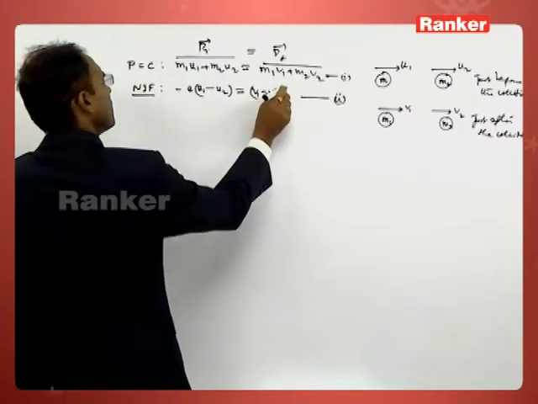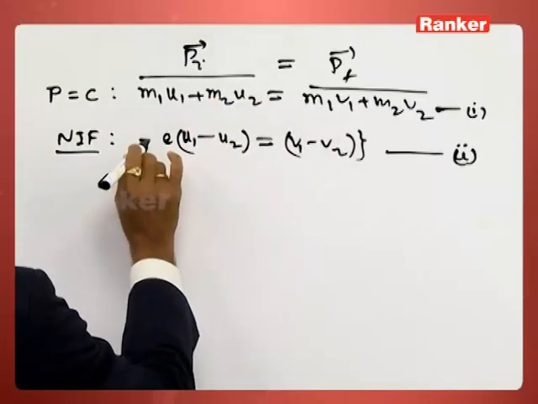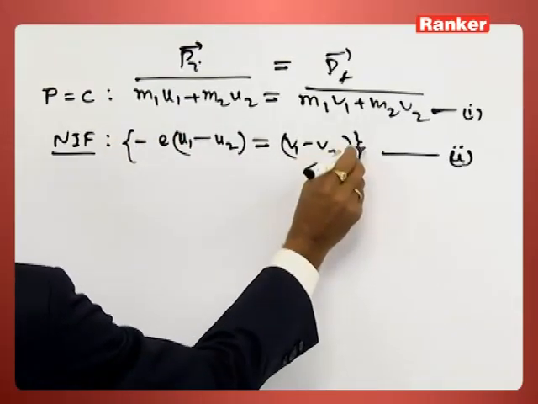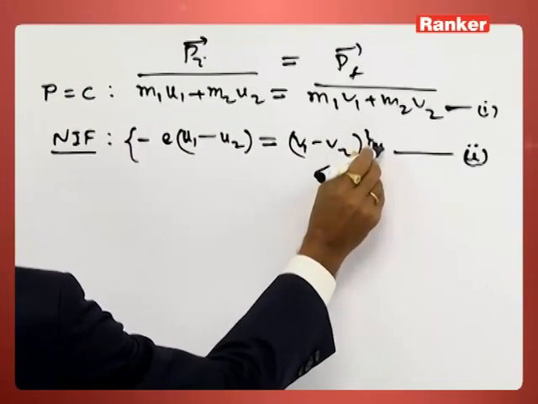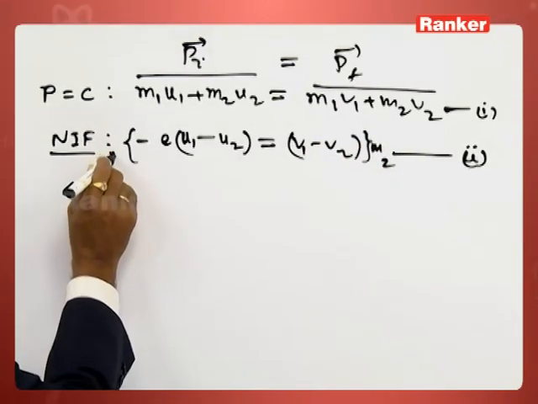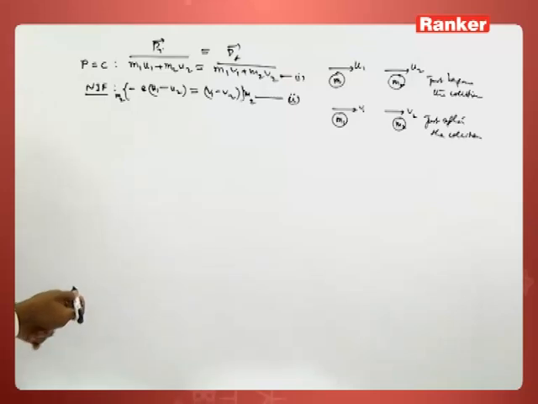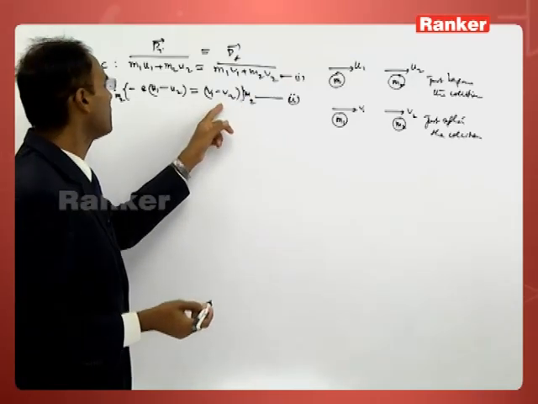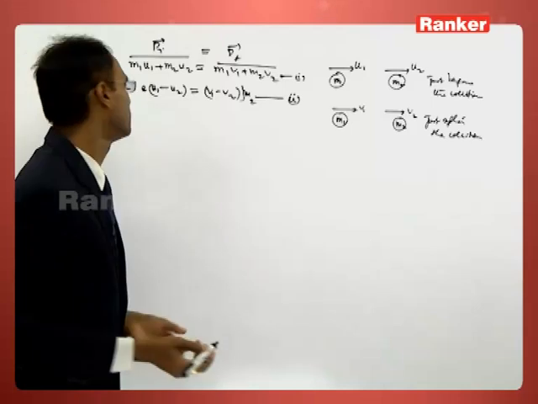Multiply equation 2 with m2 on both sides. Minus m2 v2 plus m2 v2 will get cancelled.